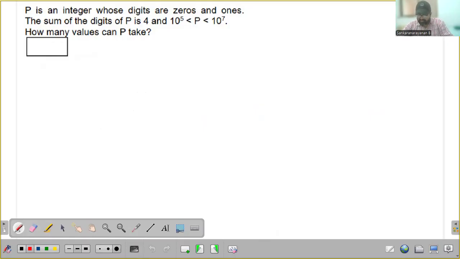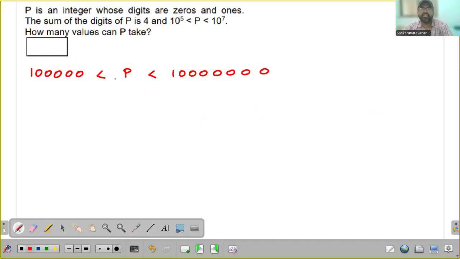Okay, so if you observe, 10 power 5 is 10 power 1, 2, 3, 4, 5. Less than P, less than 10 power 1, 2, 3, 4, 5, 6, 7.